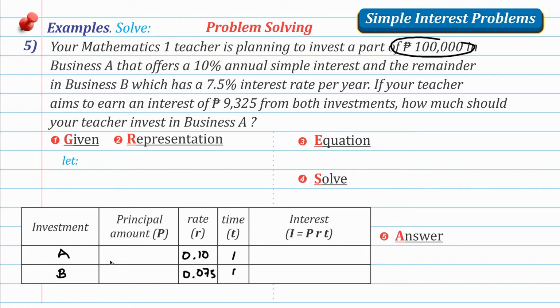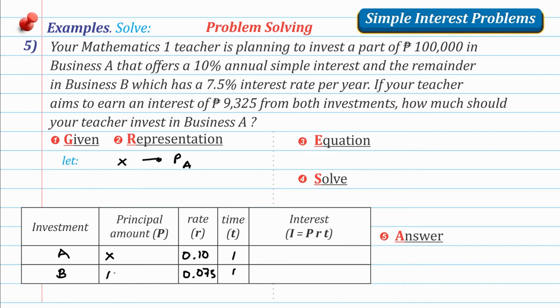Now, how do we solve this then? Why not try to let X be the principal in Business A? Total, yan yung hinahanap. Let X be the principal for Business A. Now, if we know that the total of this and this is 100,000 and ito is X, how do we represent yung second principal? Easy. Take note, it's the total minus one part is the other part.